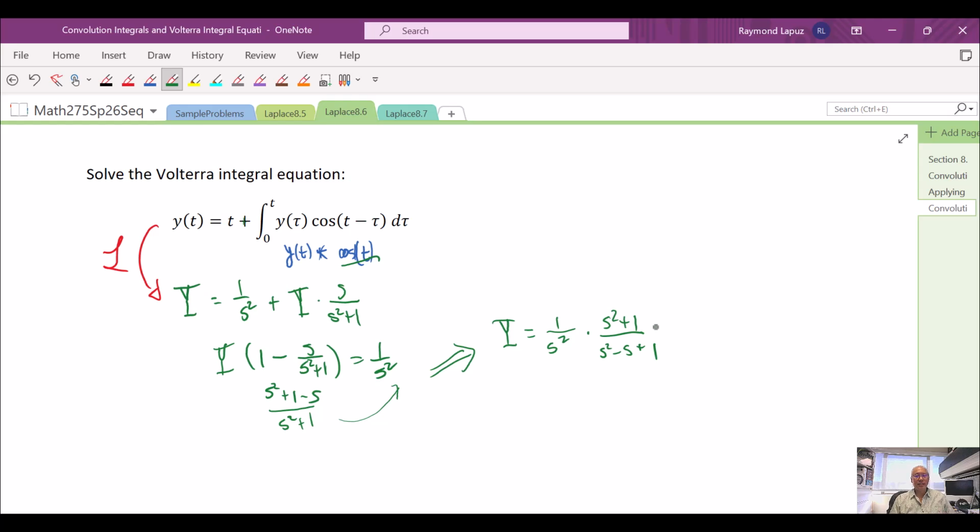It doesn't look like you can factor it. So I'm going to have to ask Wolfram how to get this together, or take it apart actually. So I have s squared plus 1, s squared times s squared minus s plus 1.